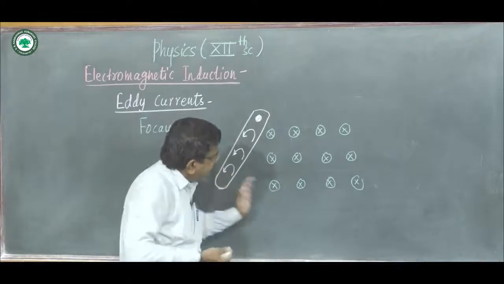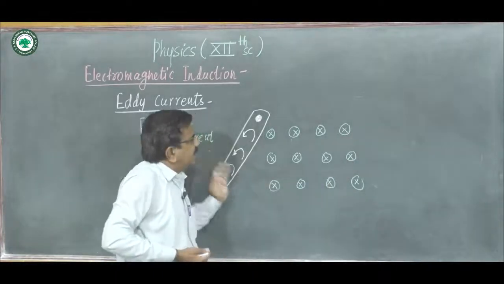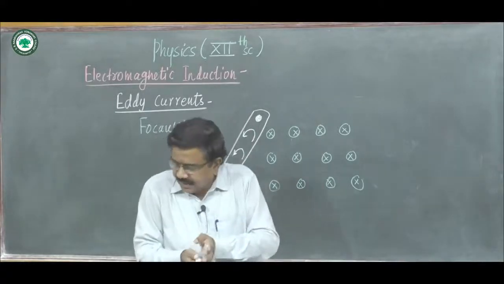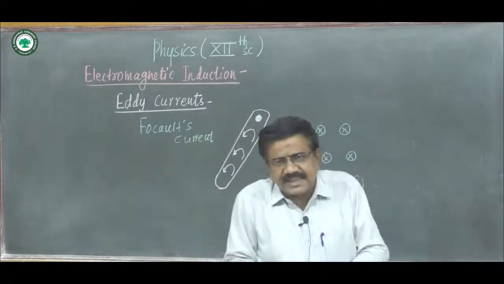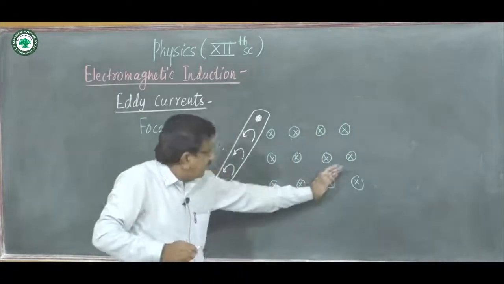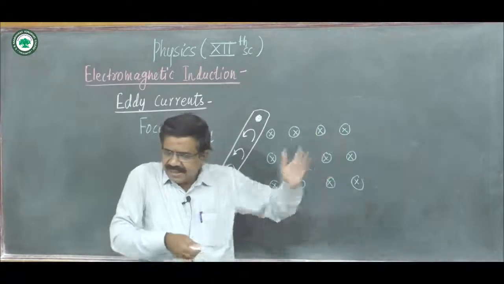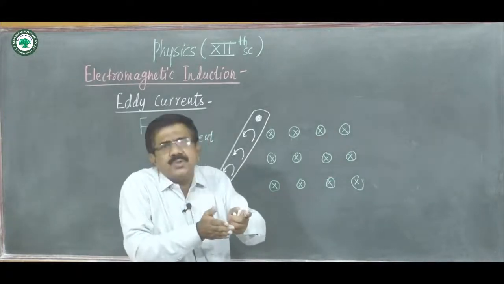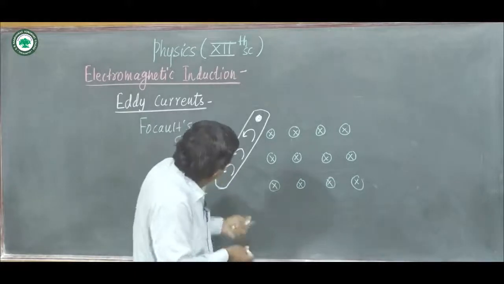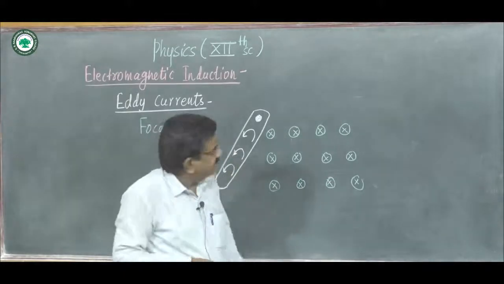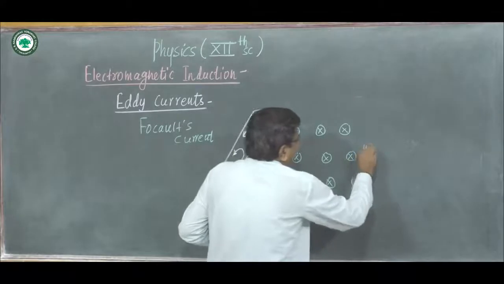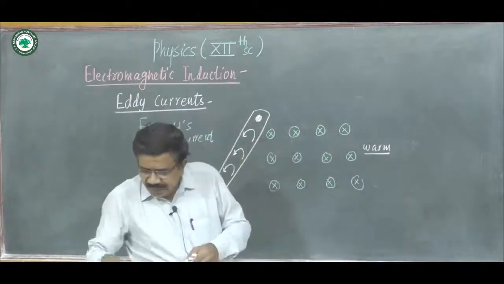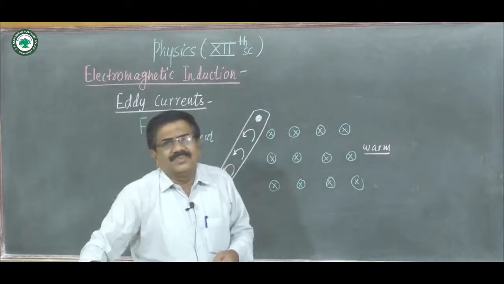When it enters the field or leaves the field, the currents are induced, and due to this induced current, mechanical energy is converted into heat as it oscillates in the magnetic field, and this conducting plate becomes warm.